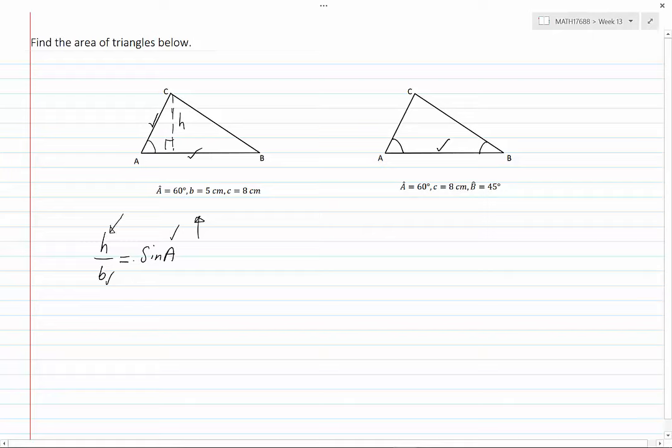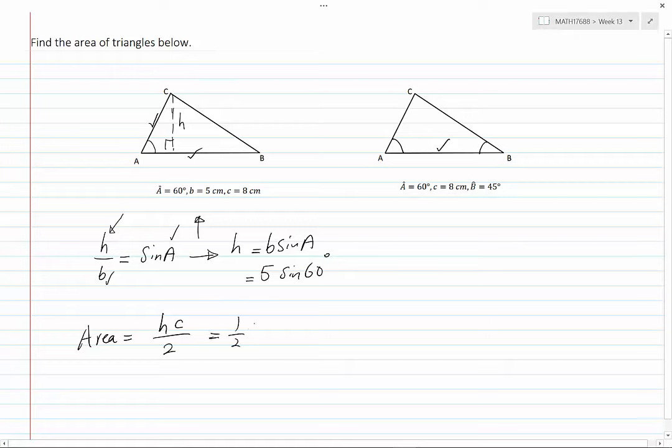If we cross multiply this equation, we see that H is equal to B sine A, which becomes 5 sine 60 degrees. The area is H times C divided by 2.